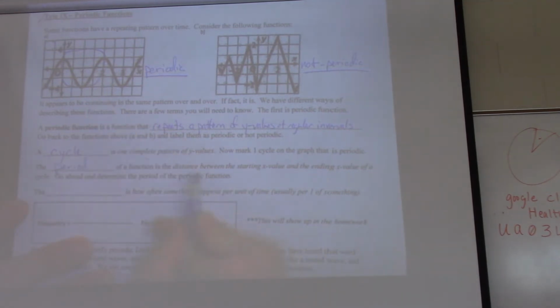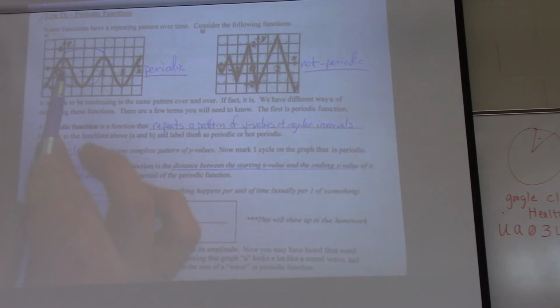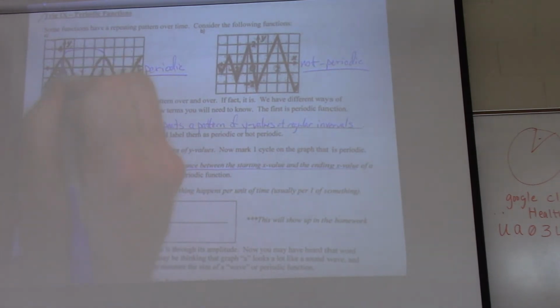Well, if it's the distance between, let's underline this, starting x value and ending x value. Well, where does it start? What number is this that it starts at? I'm sorry, right here. Where does it start? It starts at the x value of, what's the x value here? 0. What's the x value here?